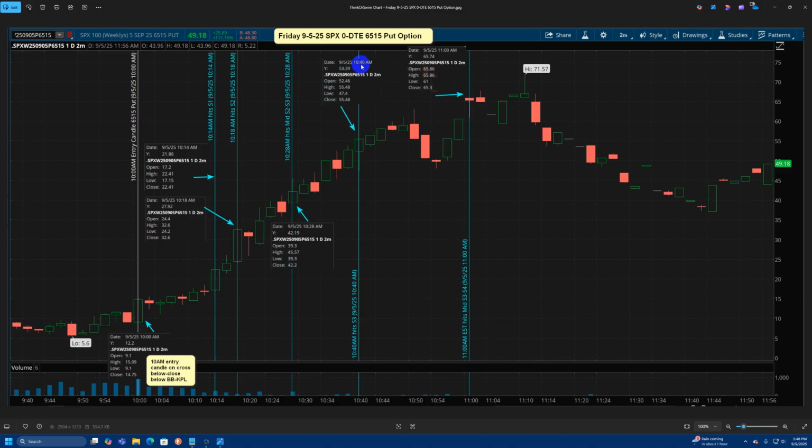Just 12 minutes later at 10:40, SPX hits the S3 level, and the 65.15 put option is now 55.48. 20 minutes later at 11 o'clock a.m., SPX hits the mid S3, S4 level, and at that time, on the close of that candle, the 65.15 put is now 65.30. Okay, now we'll go back to the other chart.